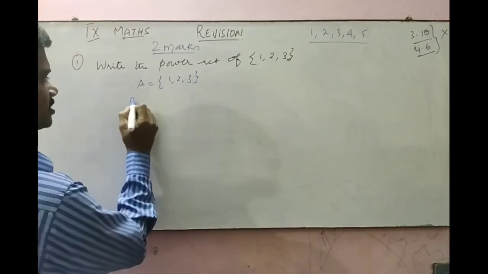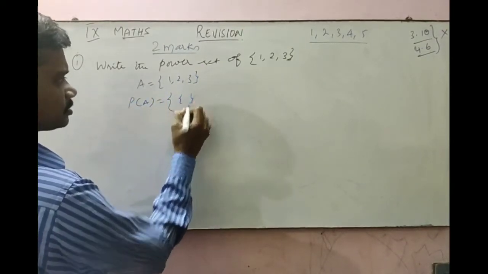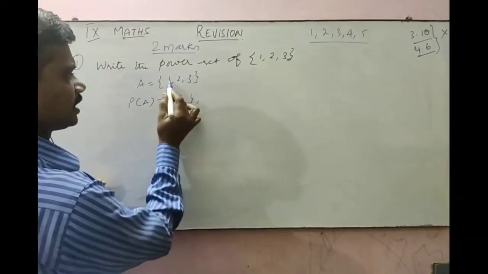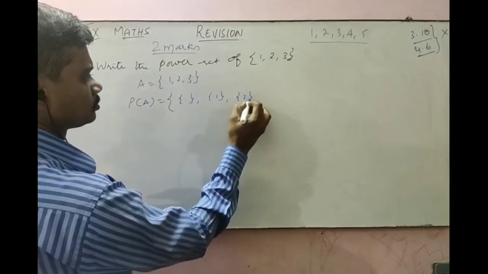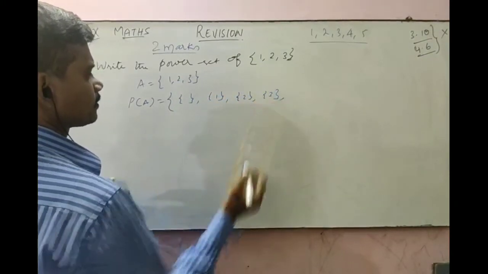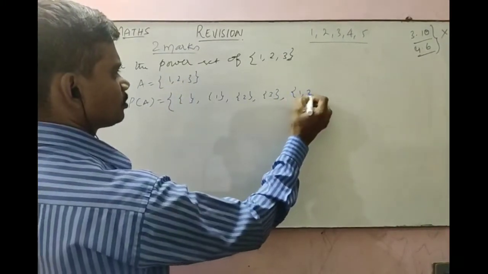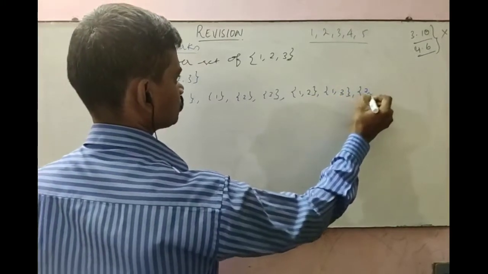We have to write the power set of A. That means you have to start with the empty set first, then the elements which are having single elements: 1, 2, 3. Then you have to write the two elements: {1, 2}, then {1, 3}, like that {2, 3}.